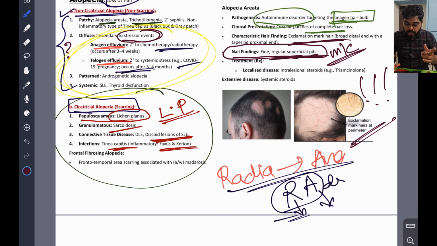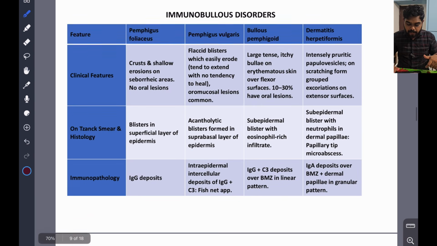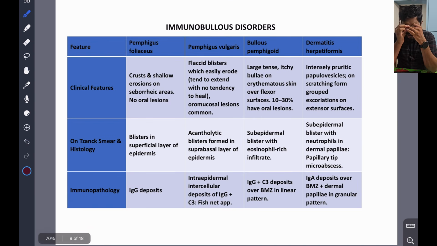Okay, clear. Now we are going to the next very important topic, immunobullous disorders. Every year there is a single question from this topic, not two or three, a single question from immunobullous disorders in derma. So this is highly important.